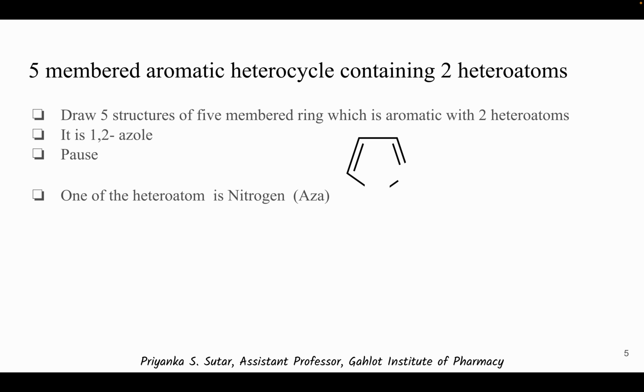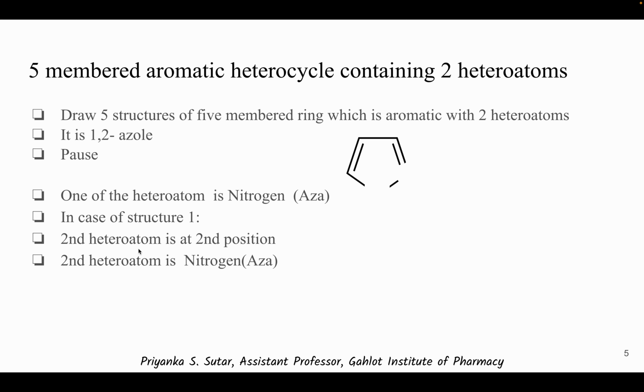Now the first heteroatom of this heterocycle is nitrogen, because it is azole. Aza means nitrogen. So you can write nitrogen over here. In this structure, the second heteroatom is at second position because it is 1,2-azole, and the second heteroatom is also nitrogen, that is aza. So write nitrogen over here.